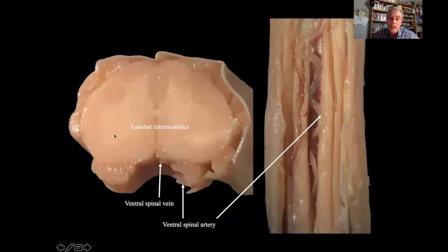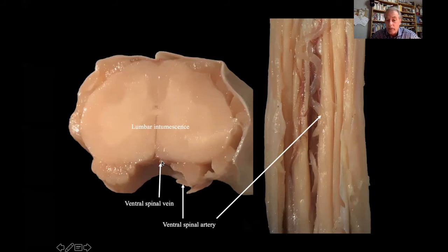So on transverse section at the lumbar intumescence, you see the spinal cord. Look at the gray matter with the dorsal horn, the ventral horn, the central canal, and all the white matter around, the subarachnoid space, right? So you see the ventral spinal artery right here, and you see that the ventral spinal artery is very close to the spinal cord.